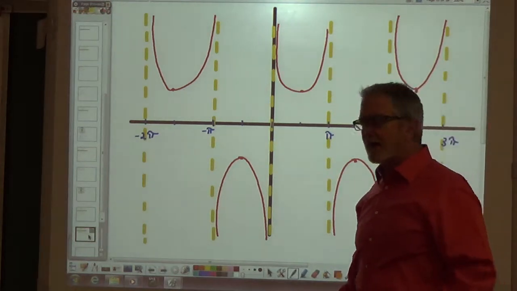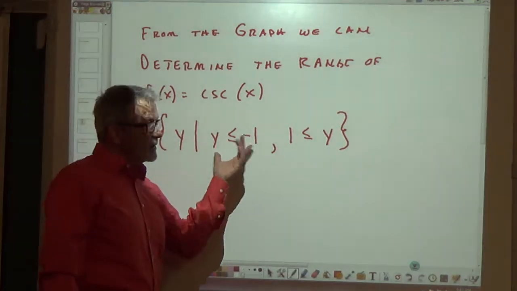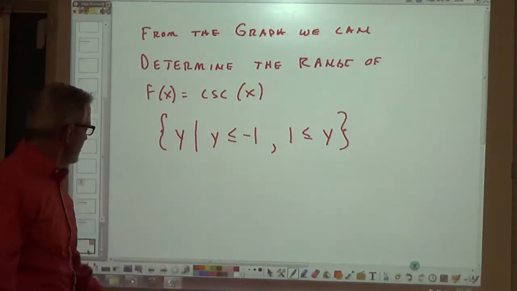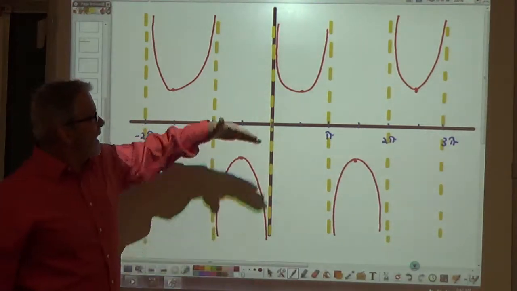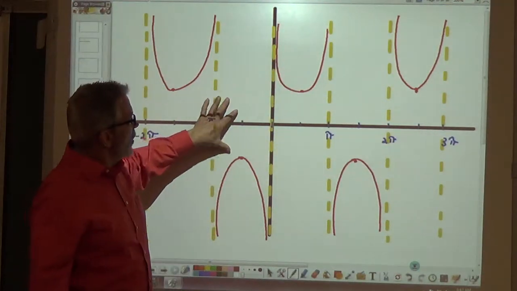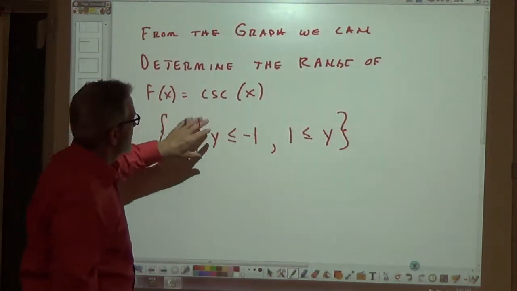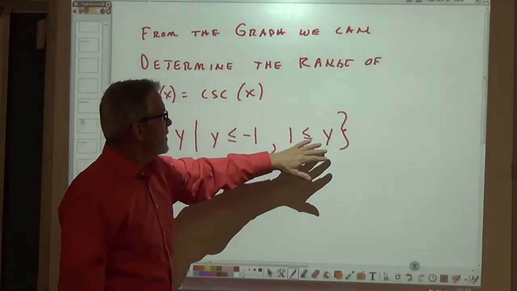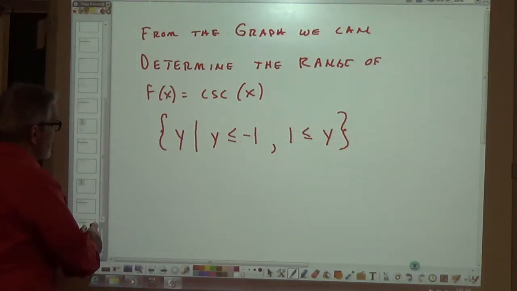Oh yes, we got it. Very good. All the possible y values are going to be y less than or equal to -1, and all the y greater than or equal to 1. No y's between here. So the range is y less than or equal to -1 or y greater than or equal to 1. That's the range of cosecant.